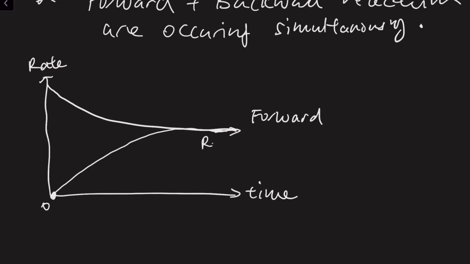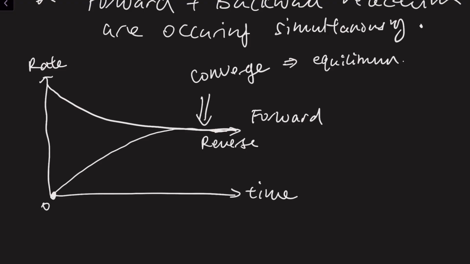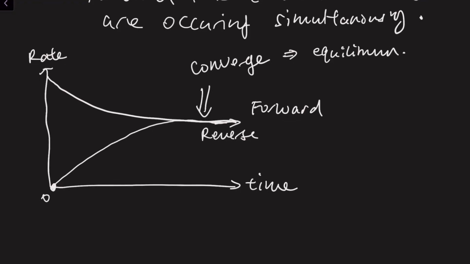And now you see they eventually converge. And this indicates we're at equilibrium. At equilibrium, the rate of forward and reverse reaction always converges.